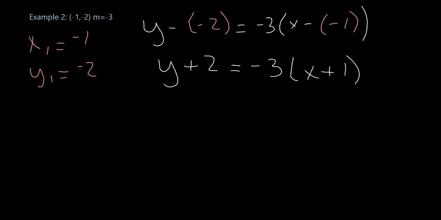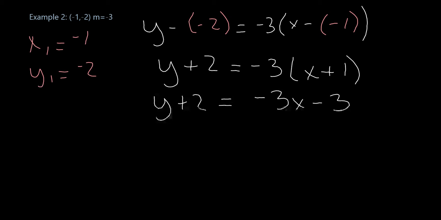So now let's simplify the right-hand side. We have negative 3 times x plus 1. We need to apply the distributive property. We have negative 3 times x, which is negative 3x, and negative 3 times 1, which is negative 3. So we have y plus 2 equals negative 3x minus 3.